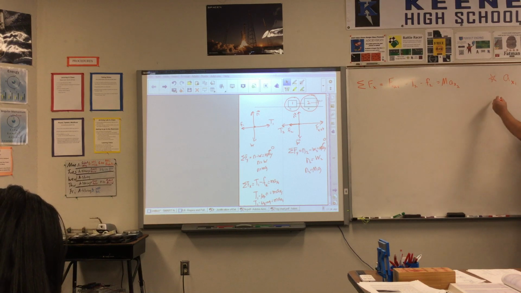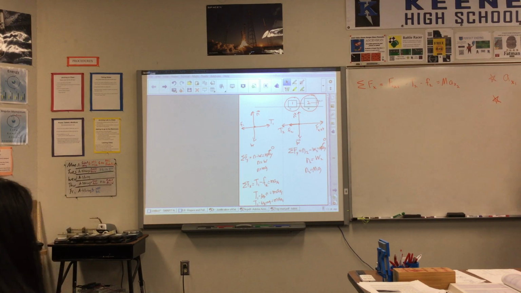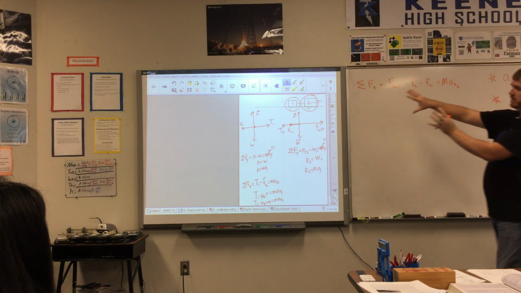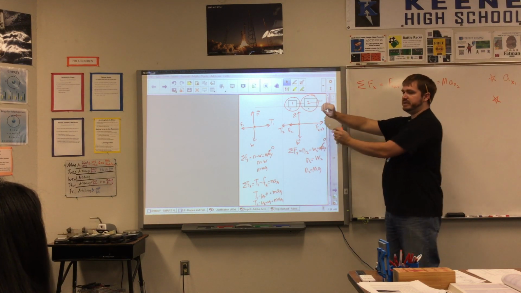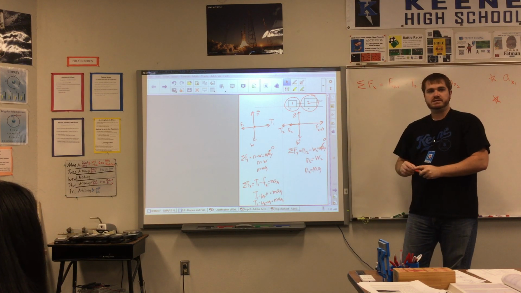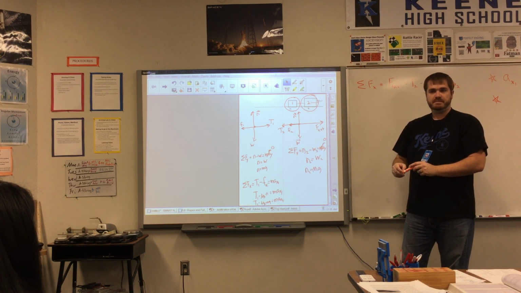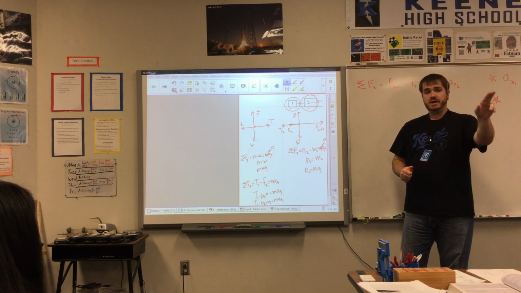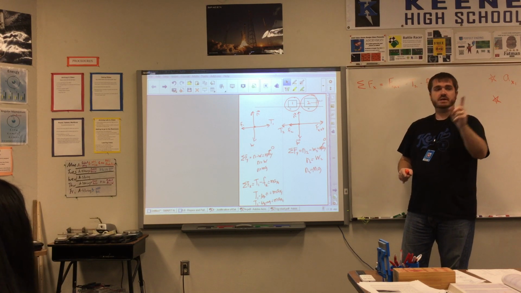There is one other thing that is the same. I might as well mark it here right now. Anybody want to guess? There's something going on with object 2 that is the same as a force present over here in object 1. Friction? Friction is not the same. Tension is the same.